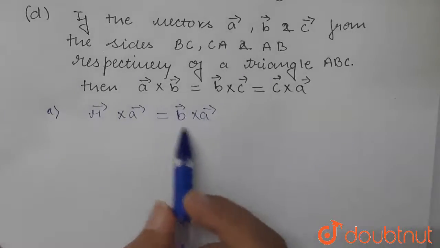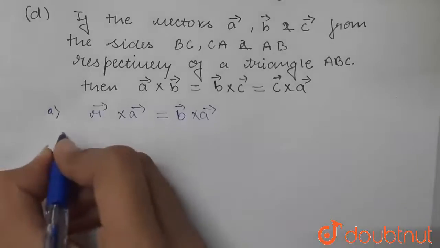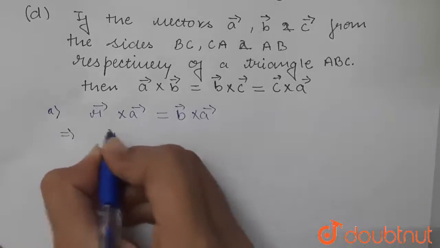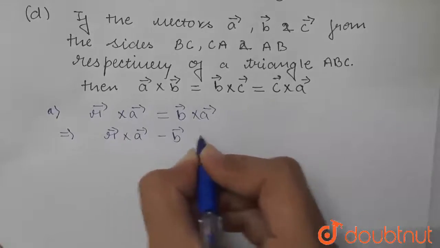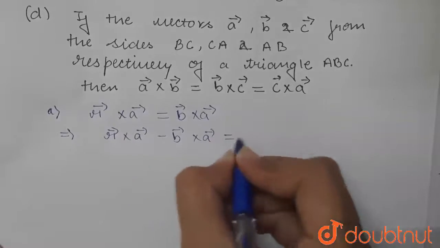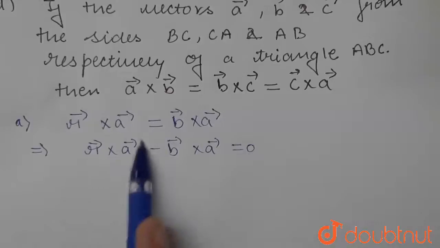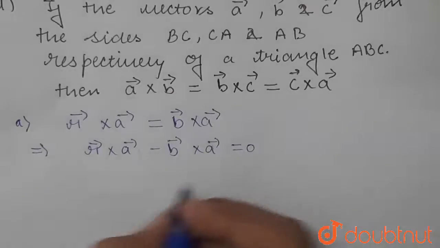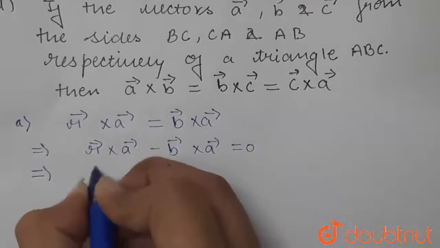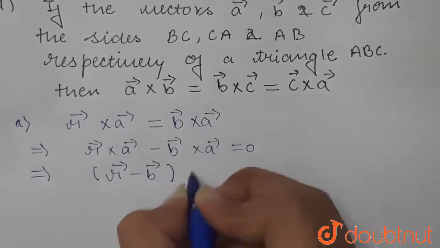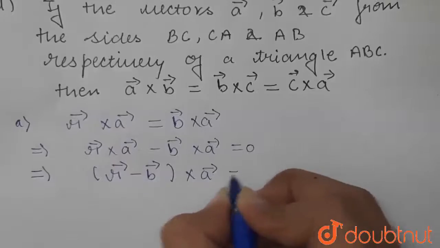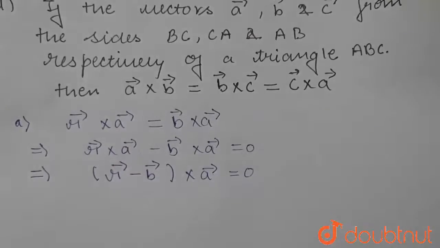Now I can send both of these to the left hand side, so this will become r cross A vector minus B vector cross A vector equal to 0, and both of them have A vector cross common, so we can take it out common, and this will be written as r vector minus B vector cross A vector equal to 0.